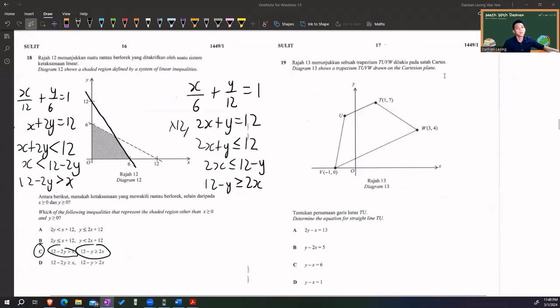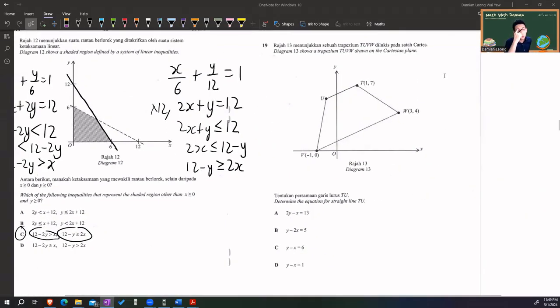So question 19. Rajah 13 menunjukkan sebuah trapezium TUVW dilukis pada satah Cartes. So I have a trapezium drawn on the Cartesian plane. I need to tentukan persamaan garis lurus TU. Okay, equation for TU.